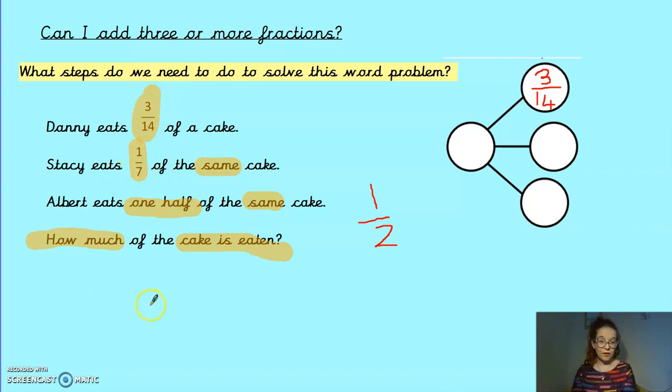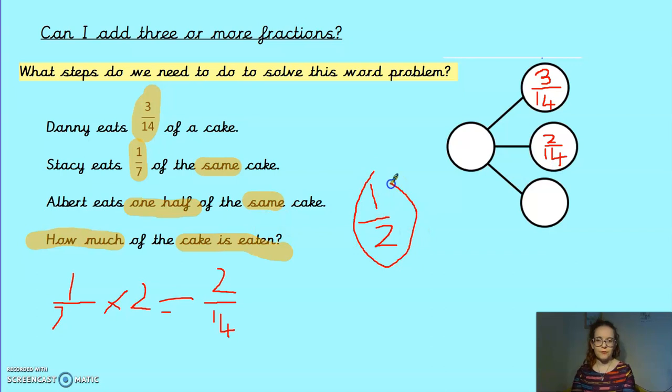I know that 7 times 2 is 14, so I'm going to have to do 1/7 times by 2 equals 2/14. There we go. I'm going to put it up here as well. 2/14. There we go. And then we do the same with 1/2.